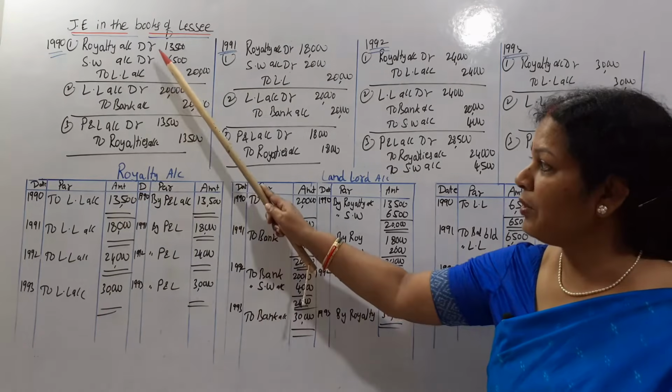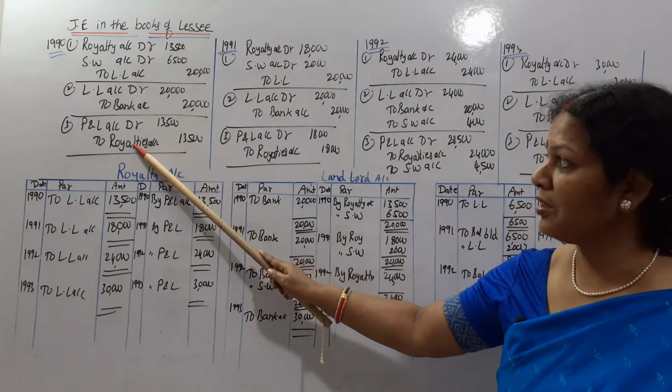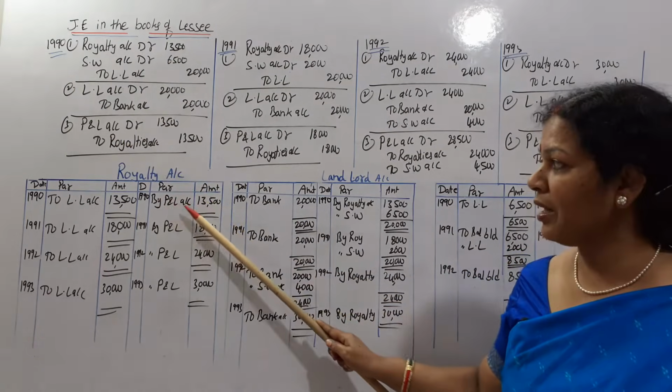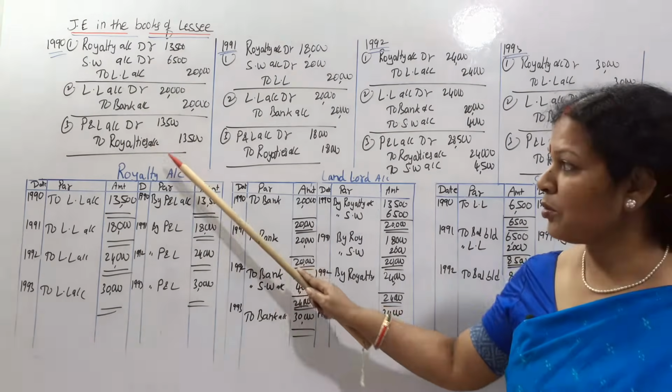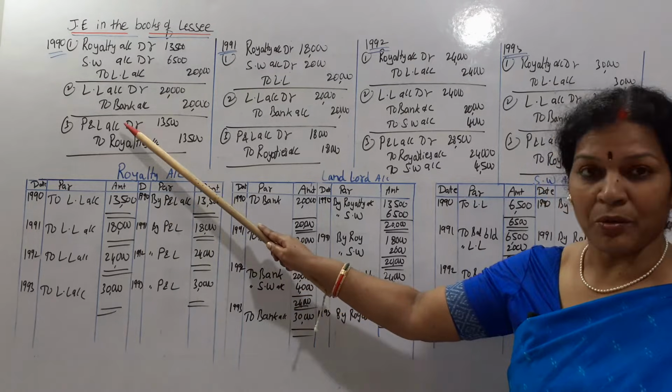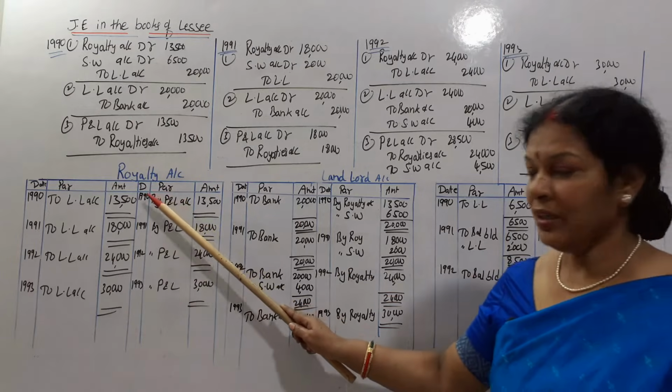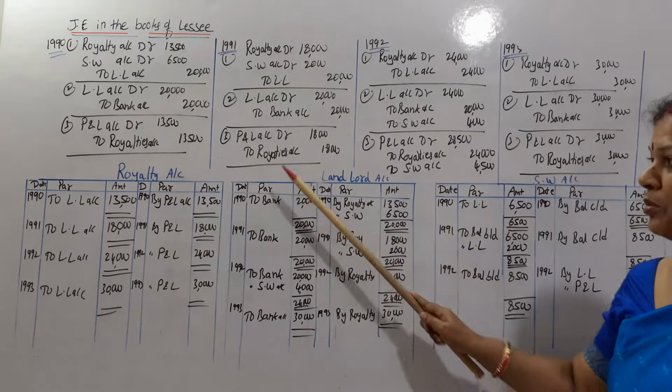Clear? And where is royalty? It's here, same year. Royalty is on the credit side, by P&L account. Credit side, no? So we are writing by P&L account, opposite one. So 13,500 over.